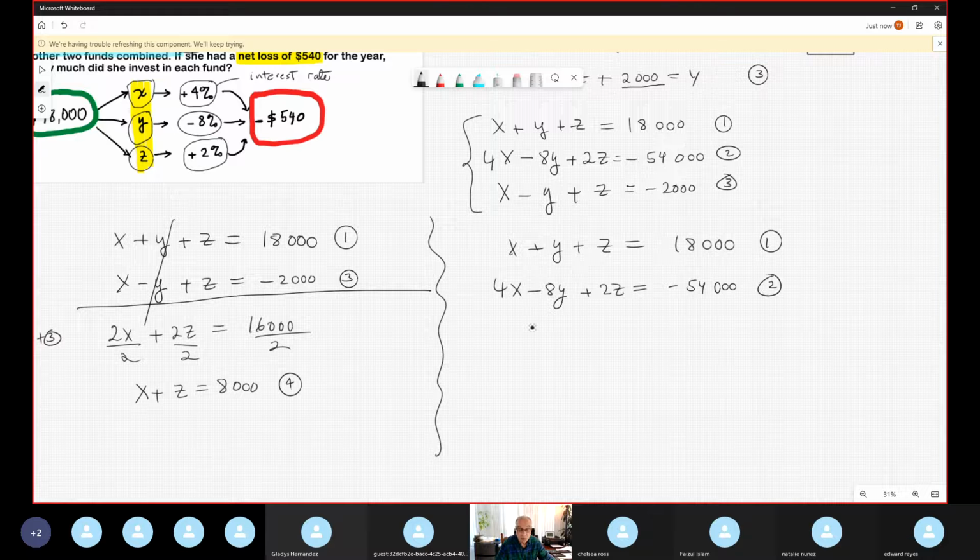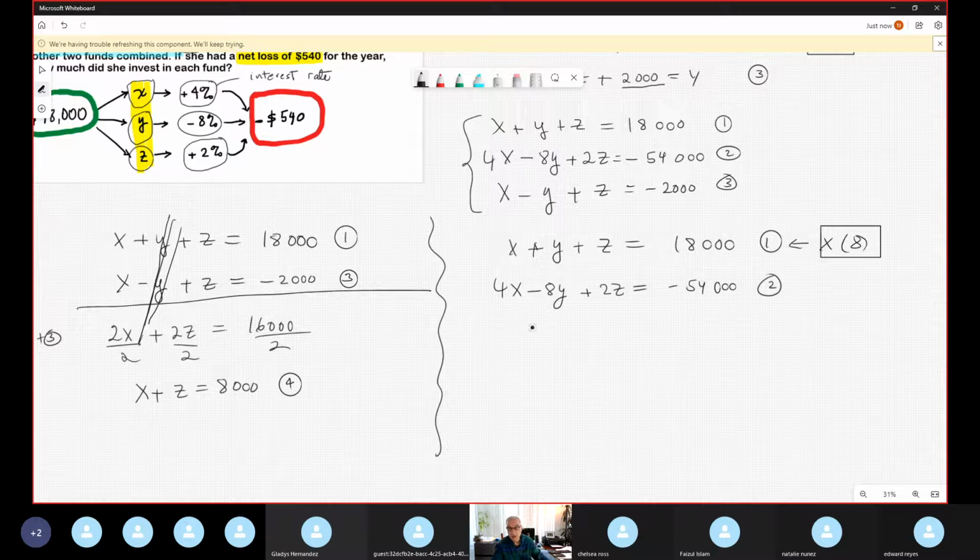Equation 2. But then, entonces, there are many ways. However, I take advantage of the y, and remember, super important. If you eliminate the y in the first couple, you must eliminate the y. So I take advantage: y positive here and negative here. Entonces, would be fantastic. Okay, I multiply this equation by 8.